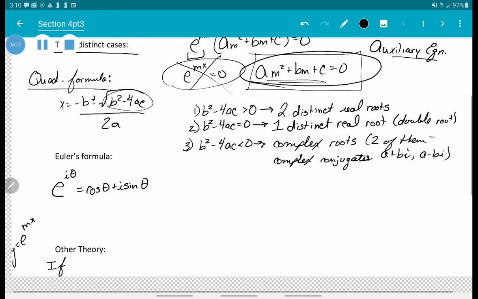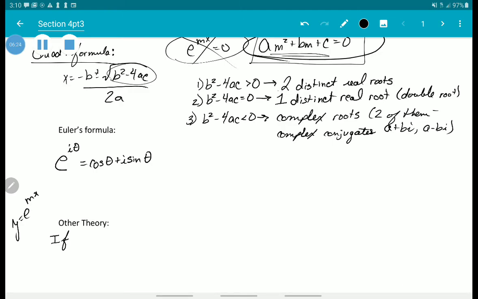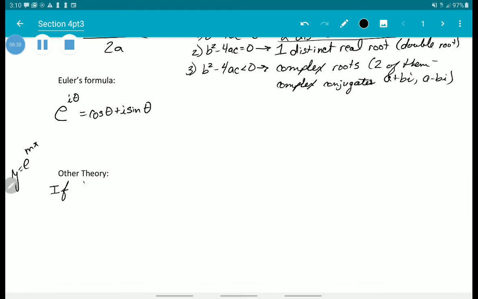And if we were to solve that quadratic and get two distinct real roots, we're asking what would that general solution look like? And that's where we're using that superposition principle from section 4.1. So if that discriminant is positive, we know we're going to have two distinct roots.